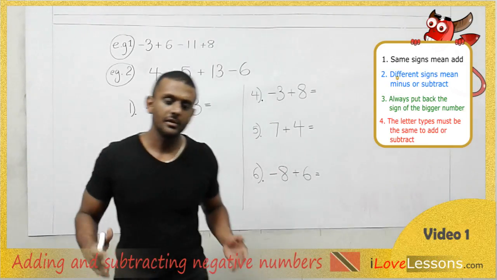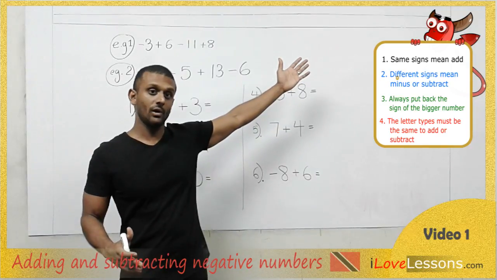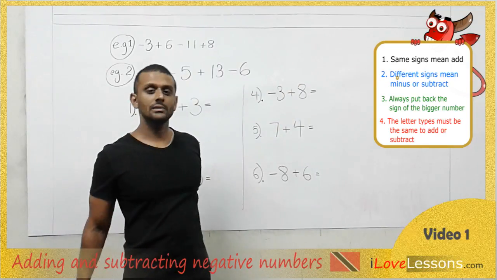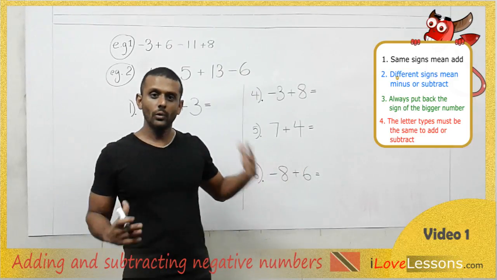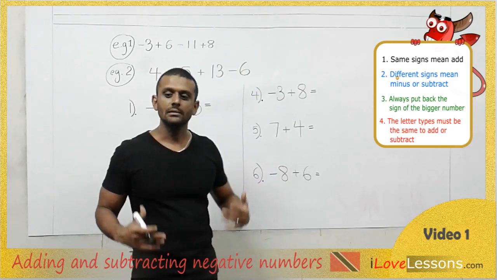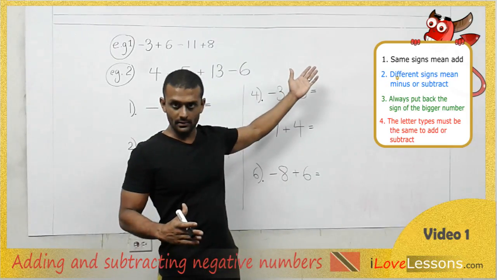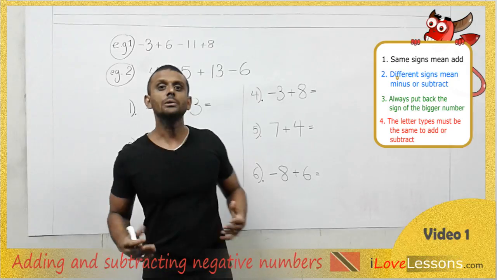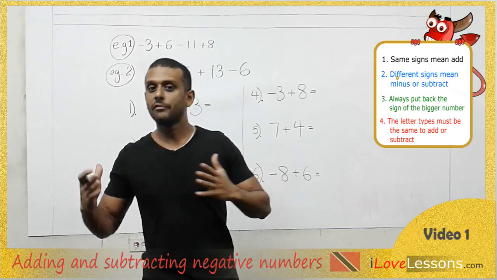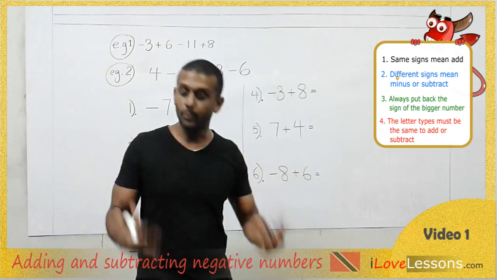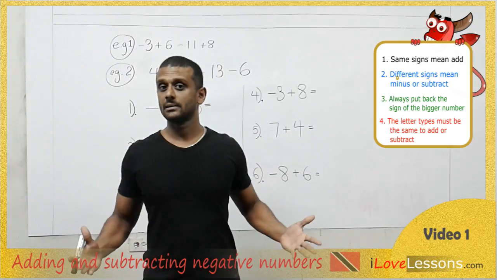All right. Now, before we get started, I just want you to look at the top right-hand corner of the screen, and you'll see 4 rules. These rules only apply to addition and subtraction. Rule number 1 states that if two numbers have the same exact sign, like if both of them are negative or both of them are positive, same signs mean add.